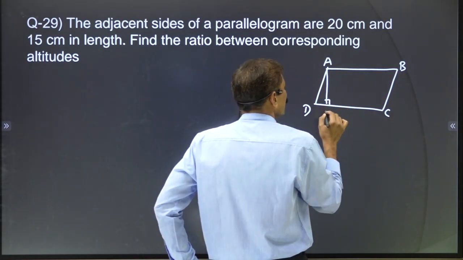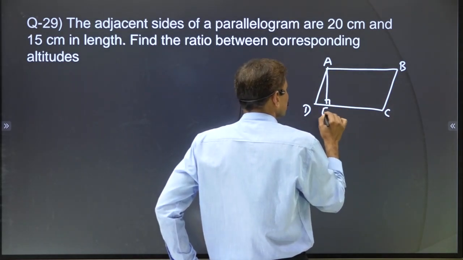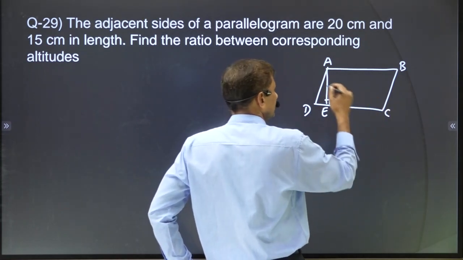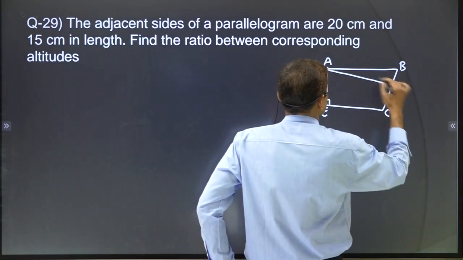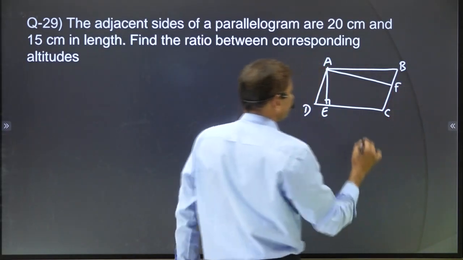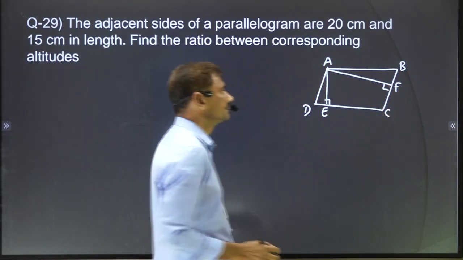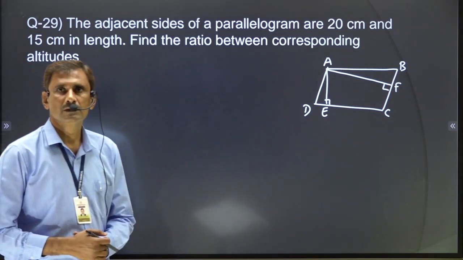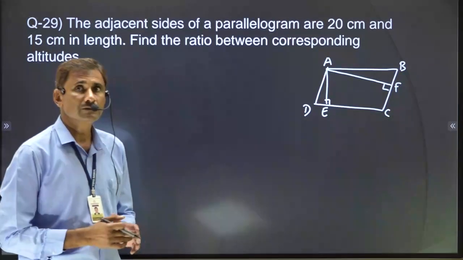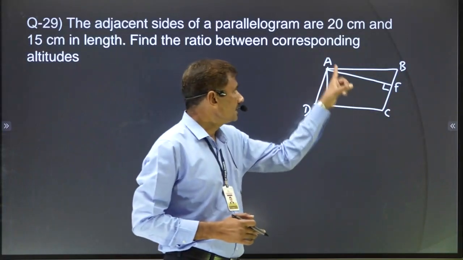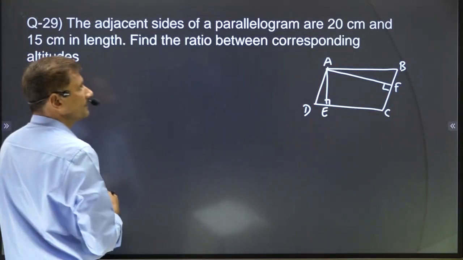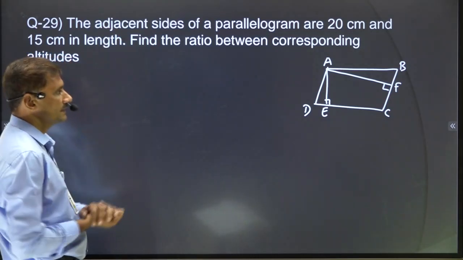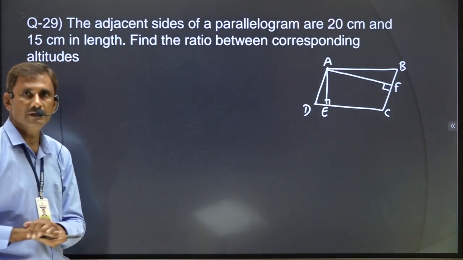So suppose AE is one altitude and another one is here, suppose it is AF. Okay, what do we find? We should find the ratio of both of these, AE, AF. Adjacent sides we have taken DC and BC.